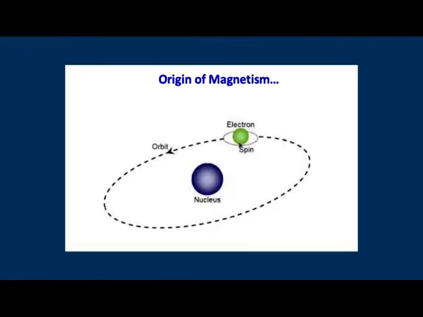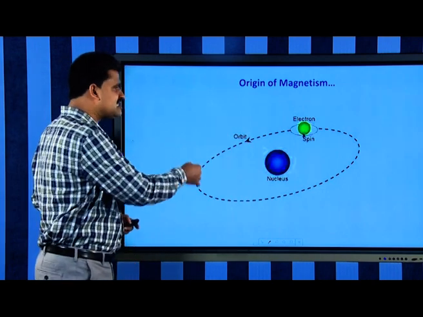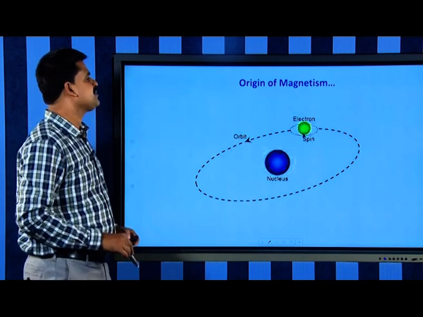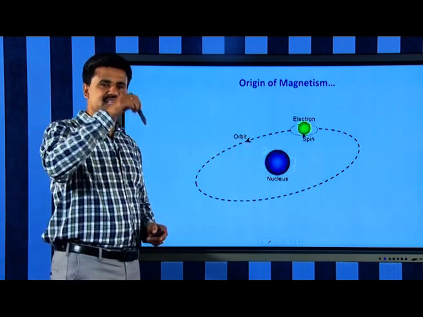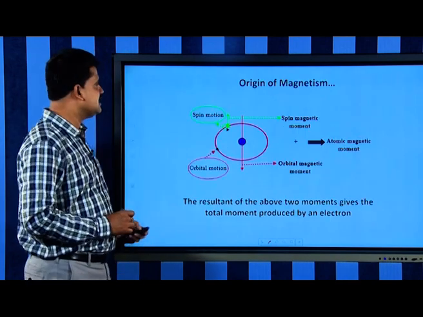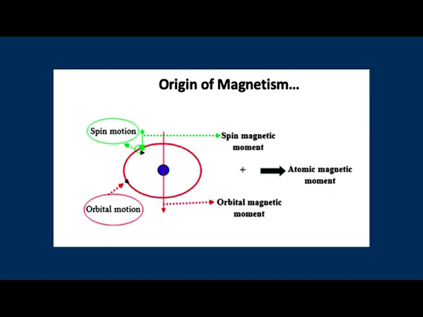This picture represents the orbital motion as well as the spin motion of the electron. Here this is the orbit. The electron is revolving around the nucleus through the orbit, that is termed the orbital motion, and the electron spins about its own axis also, that is termed the spin motion. Thus, the origin of the total magnetism is due to two components.